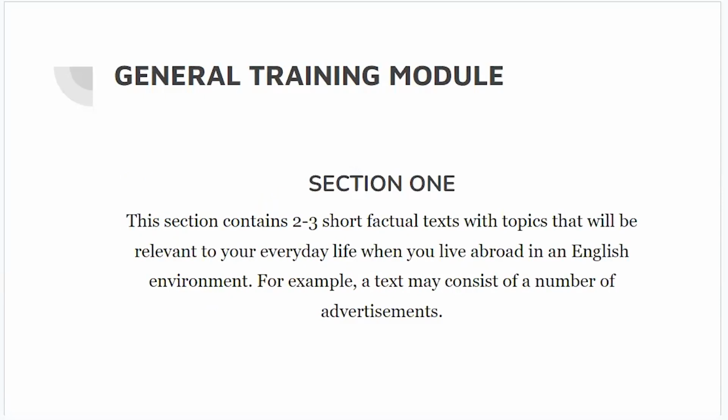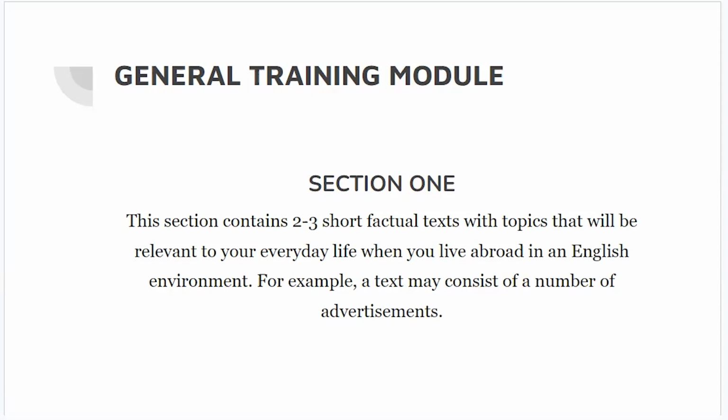And the next one is general training mode. We had already discussed academic reading, right? And this one is for general training mode. Section 1 contains 2 to 3 short factual texts with topics relevant to your day-to-day or everyday life when you live abroad in an English environment.